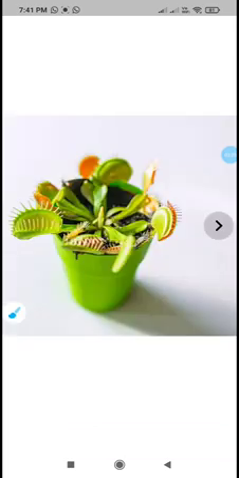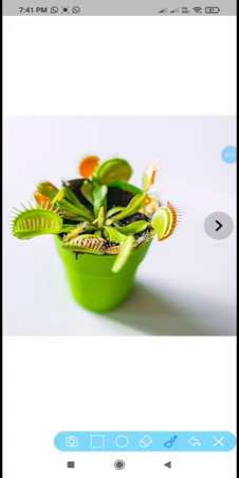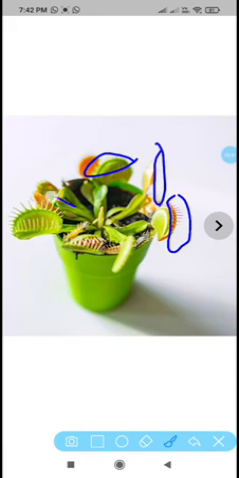Just as our toothpicks are very sharp, these plant leaves have very sharp edges, and these help the plants to catch or trap the insects. How they are able to trap, we are going to learn now.